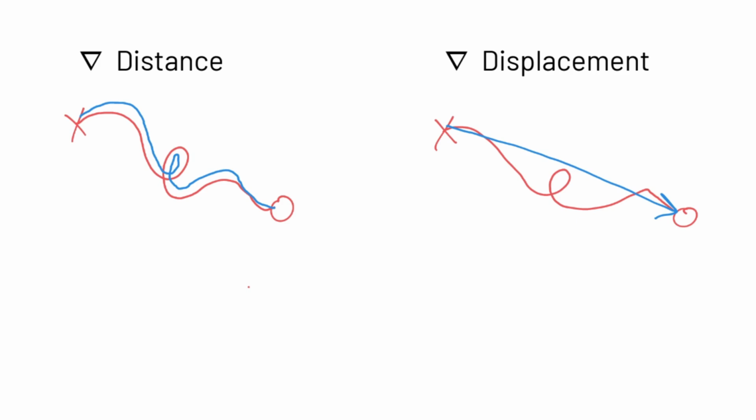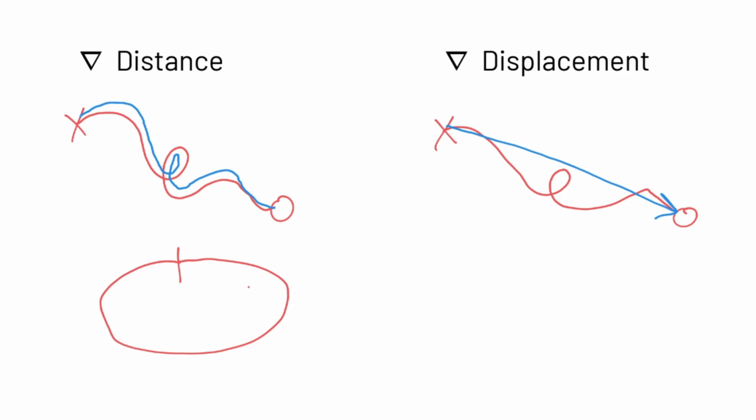So for another example of distance, let's imagine that you're running on a track. So maybe you run track and field, maybe you play football or soccer, and you're doing some exercise on the track, you're running laps.